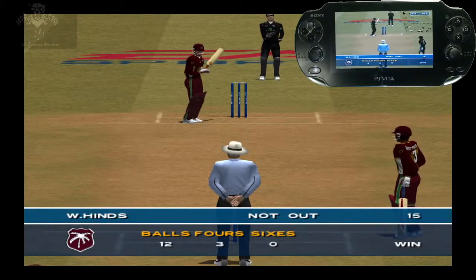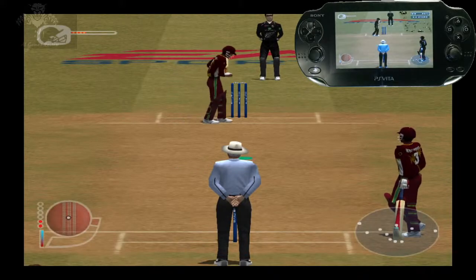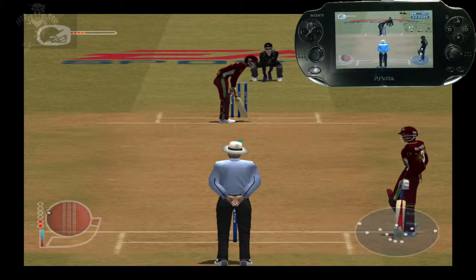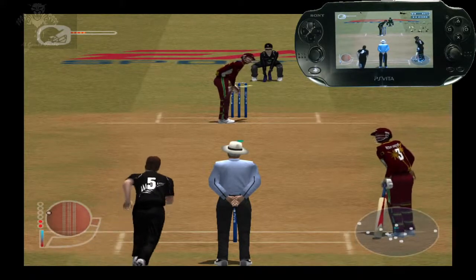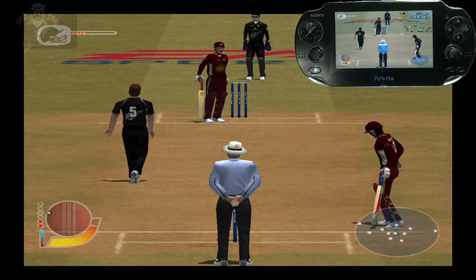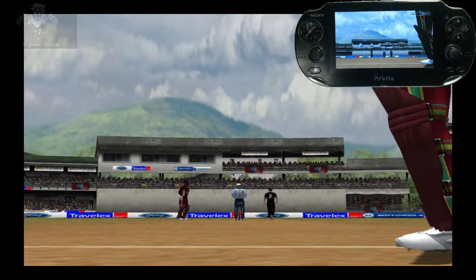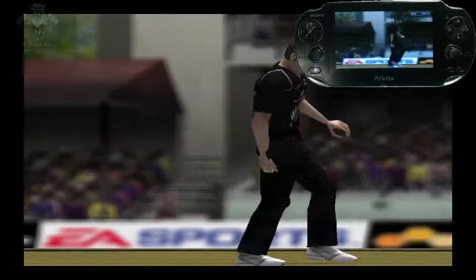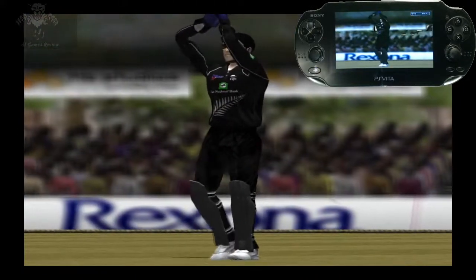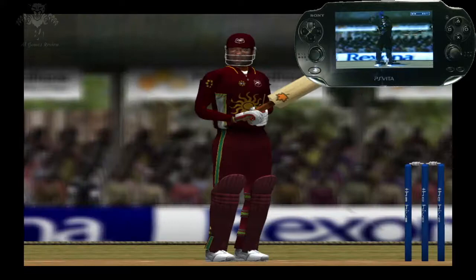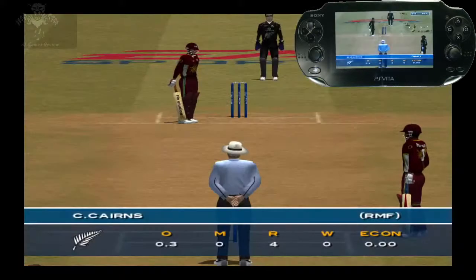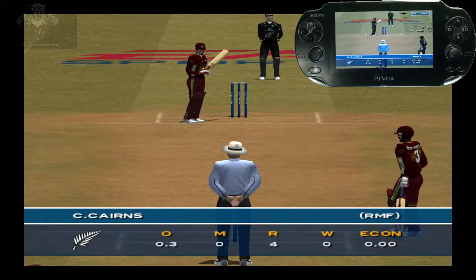Cairns to Hines. Very close to the stumps. Cairns, the ball to Hines.